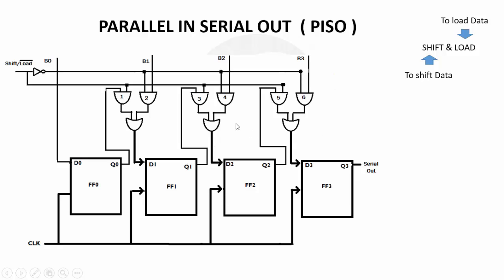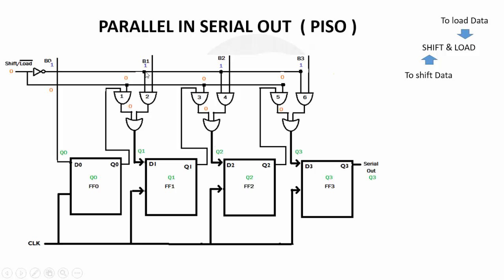Okay, we will see the working of this circuit. Let us consider the shift or load bar bit is equal to 0. So, one input of AND gates number 1, 3 and 5 is now 0. We know that if one input of an AND gate is 0, then its output will be 0. So, the output of AND gates number 1, 3 and 5 will be 0. Consider AND gates 2, 4 and 6.